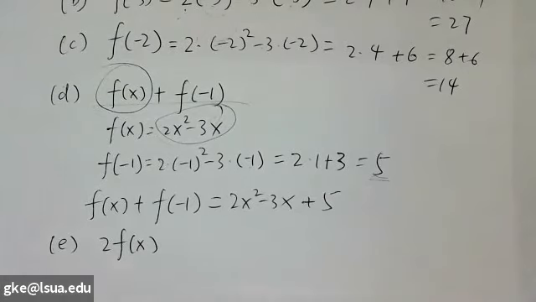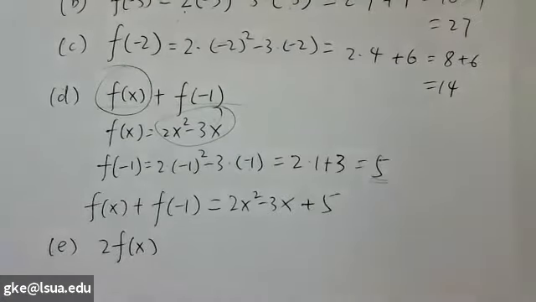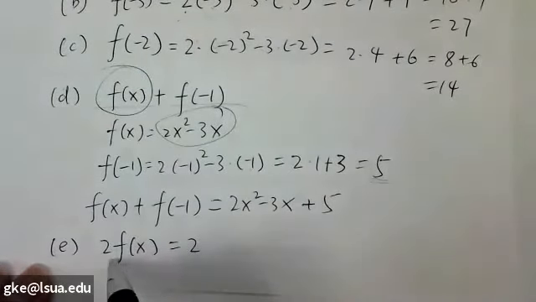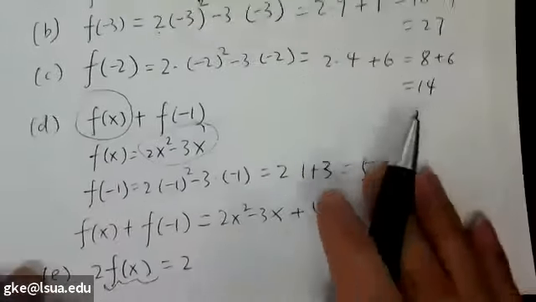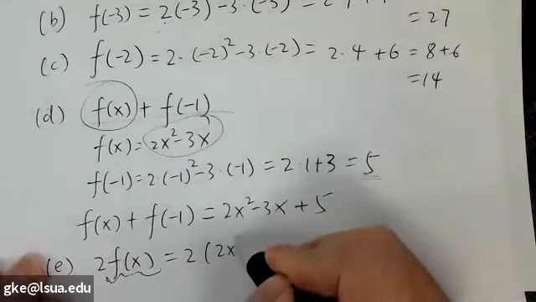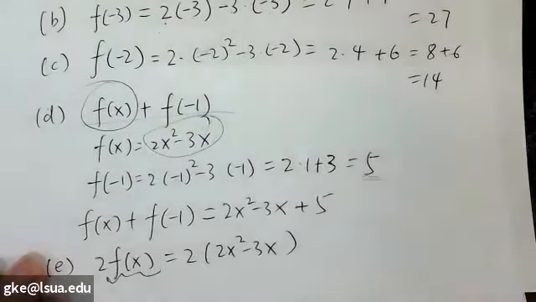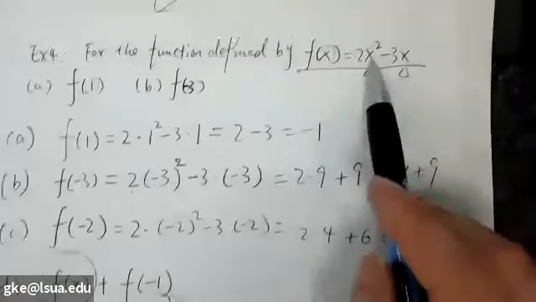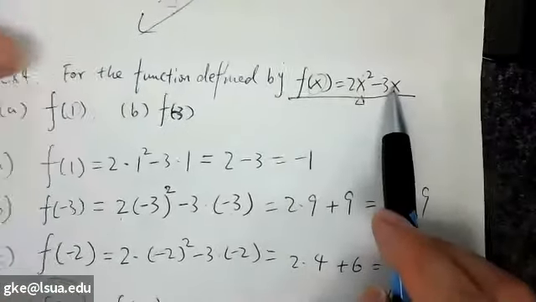Okay, I'm gonna show you. Some of you may have some trouble. 2 times f(x). What is f(x)? Very good. 2x squared minus 3x. That's it. f(x) is 2x squared minus 3x.